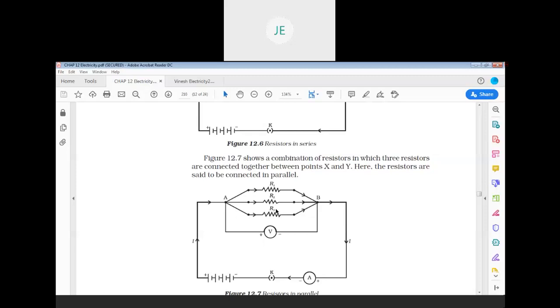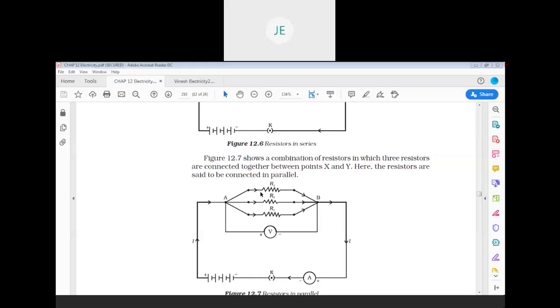Here you see from this battery, there is a current flow I. In the case of parallel connection, it is divided into I1, I2, I3. This I1, I2, I3 combined together will form the total current I. So based on the division of current, you can tell whether the resistors are in parallel or in series.